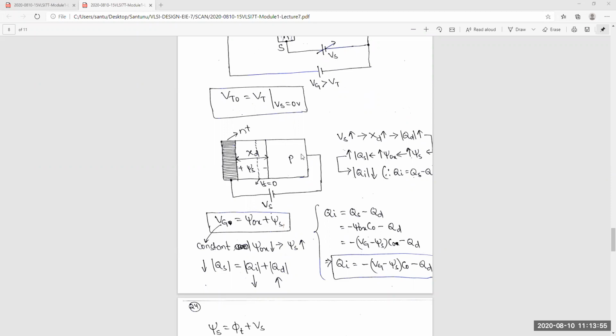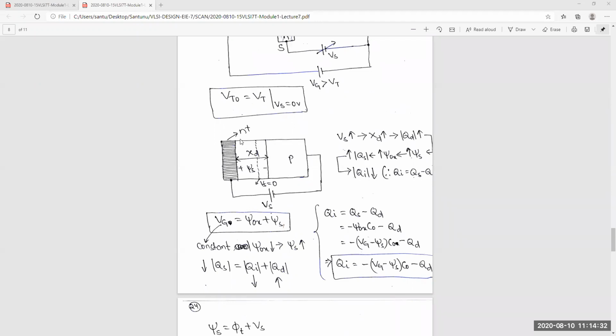So if phi OX, the oxide potential, decreases, then Qs, these total charges, also increases because it's total charges. Now you can see Qi is nothing but Qs minus Qd.